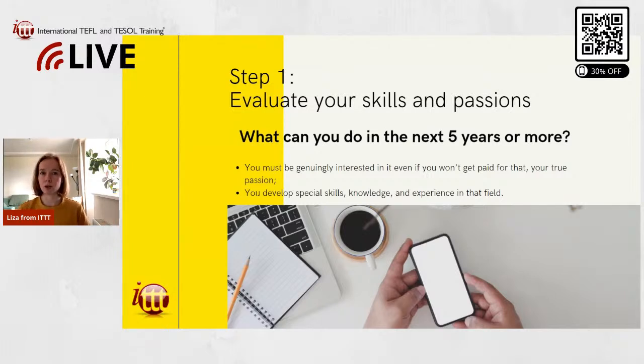So basically, you not only prepare them for doing different tests, but also you help them to practice various real life situations.